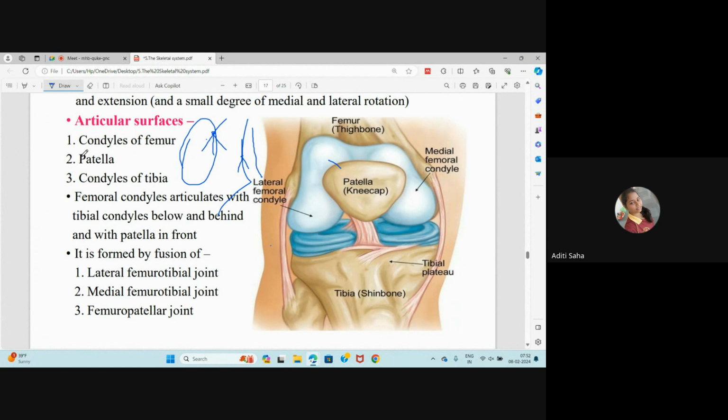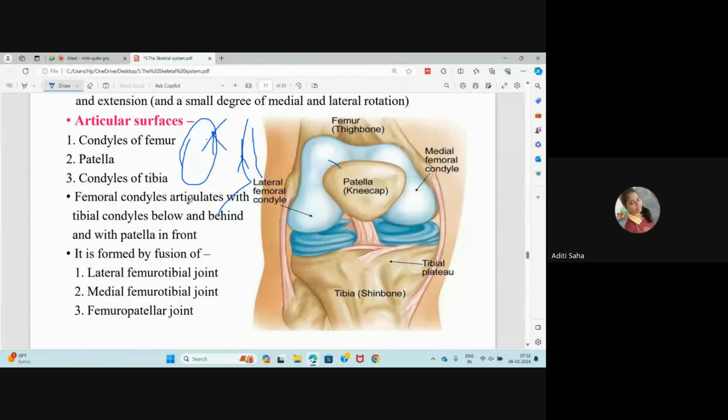So two condyles of femur, and patella. You can see patella clearly, and condyles of tibia. Here under the cartilage, condyles of tibia are also there.